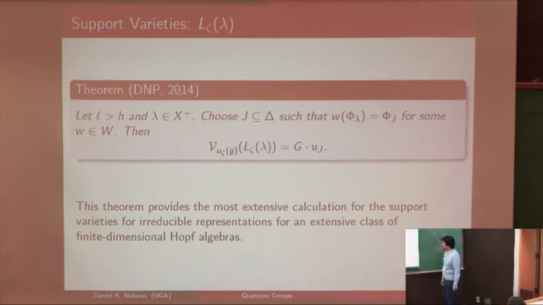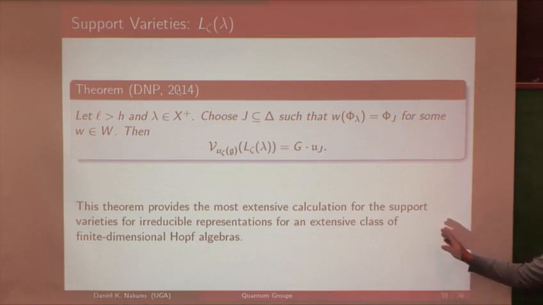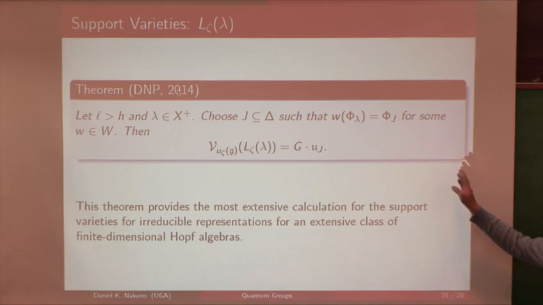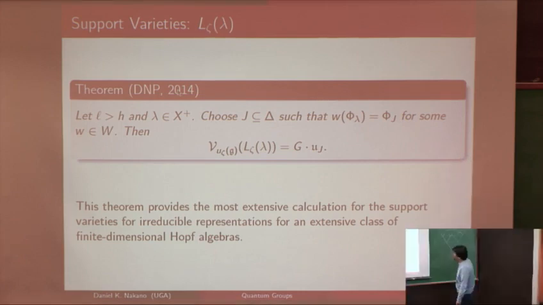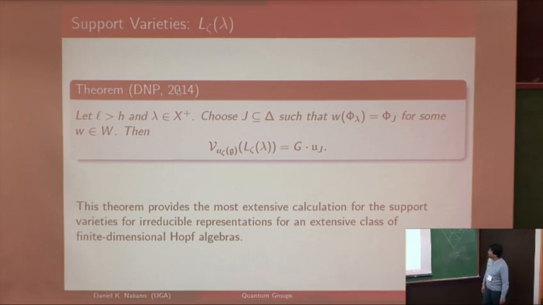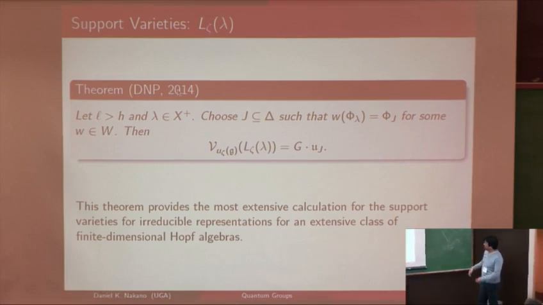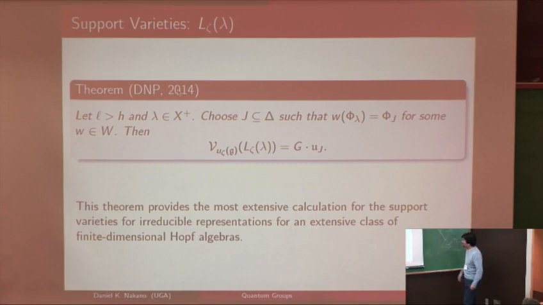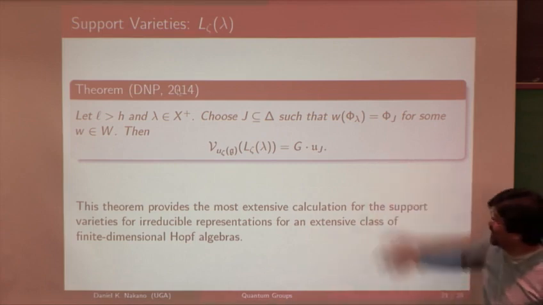So this theorem actually gives the most extensive calculations of support varieties for irreducible representations for a wide class of algebras. Okay. But as you'll see, you have to use every dirty trick in the book in order to actually calculate this.